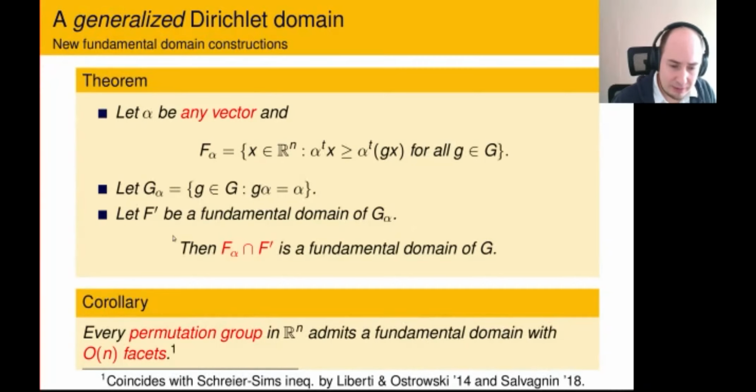In particular, we can construct what is called the Schreier-Sims inequalities, which were introduced by Liberti and Ostrowski, and also by Salvagnin a few years ago. And in particular, we can show that for permutation groups, we can construct a fundamental domain which has only a linear number of facets. Okay, so permutation groups are kind of nice in that regard.